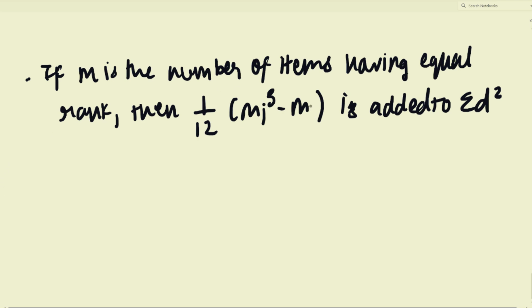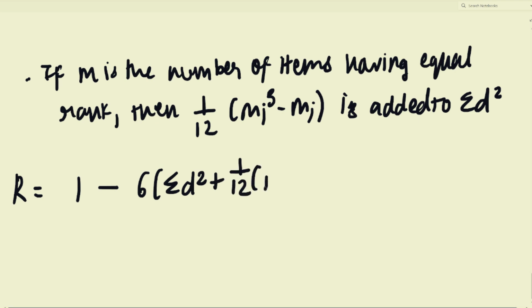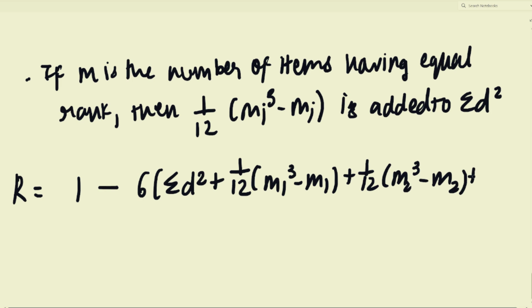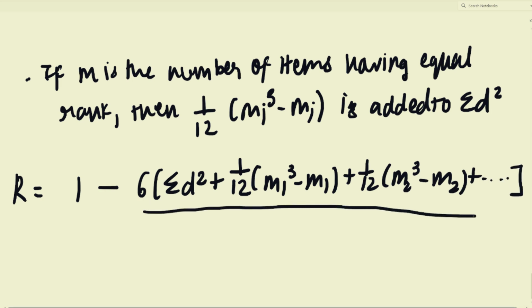So R is basically 1 minus 6 bracket summation of d square plus 1 by 12 m1 cube minus m1 plus 1 by 12 m2 cube minus m2 plus dot dot, and the whole upon n cube minus n.